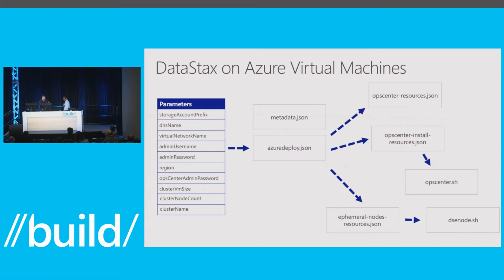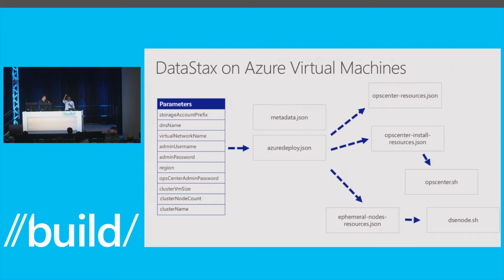Okay. Here's a quick view of what you might see when I walk through the template or go to the folder. I just want to give you a perspective. When we talked about the master template, that's the azuredeploy.json. When we talked about breaking apart the different pieces, you could think of the Cassandra nodes themselves. That could be the ephemeral nodes.json. You actually have a file that defines that specific configuration.